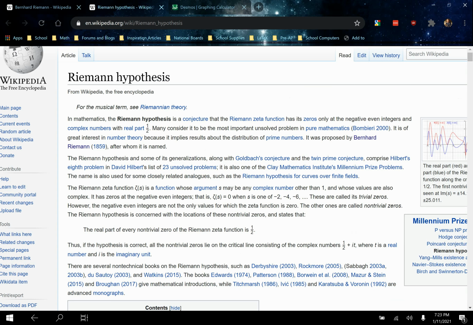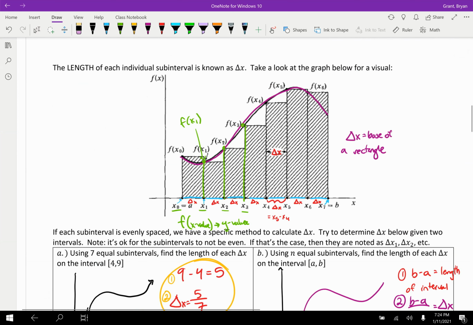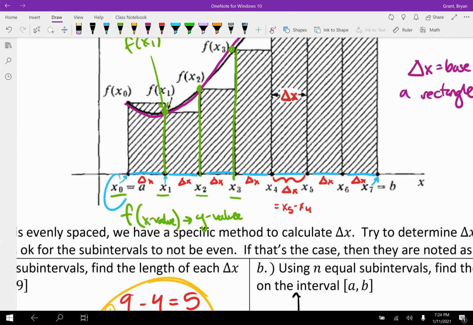Riemann sums. Okay. This Riemann sum up here began with f of x sub 1. But that's kind of weird because up above, we start with f of x sub 0. So they went from f of x sub 1 all the way up to, let's say, f of x sub 7. Awesome. How about, though, if they had started with f of x sub 0?